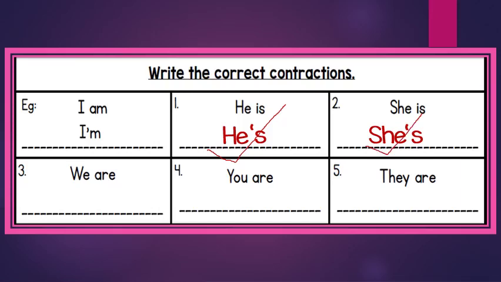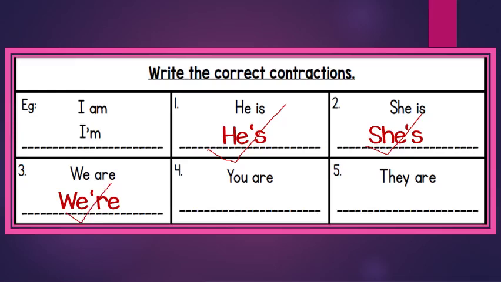Number 3, we are. You start with writing we and then the apostrophe and then from are you only take 2 letters behind. So RE. So it becomes we're. If you got that correct, another big tick.